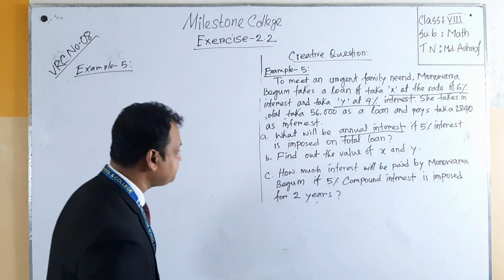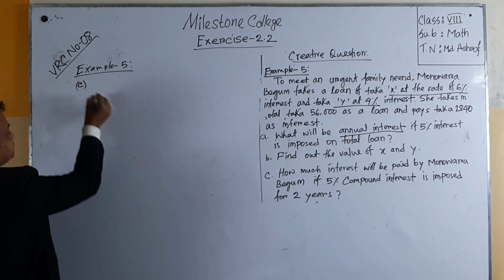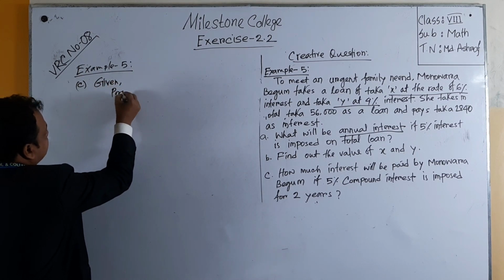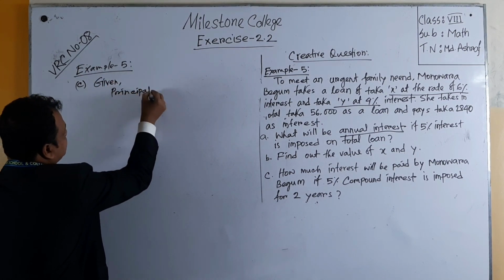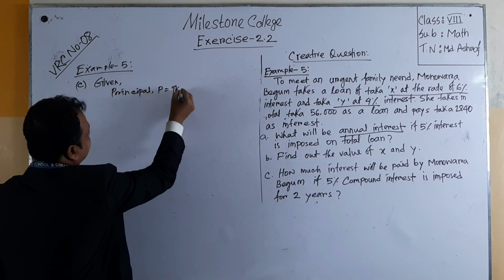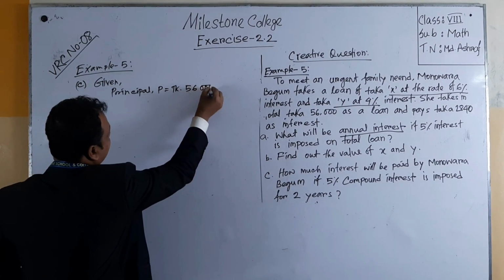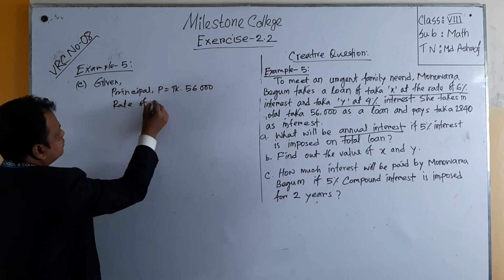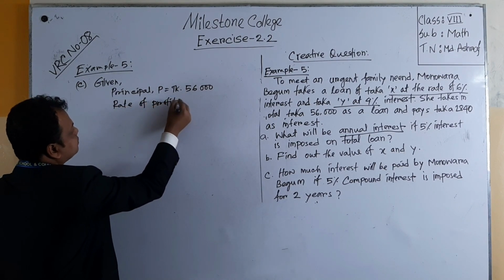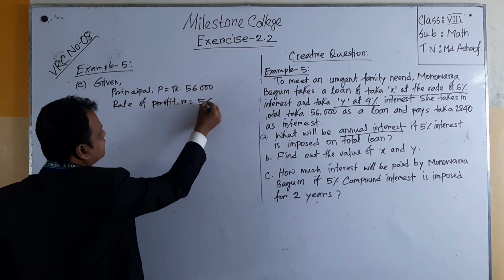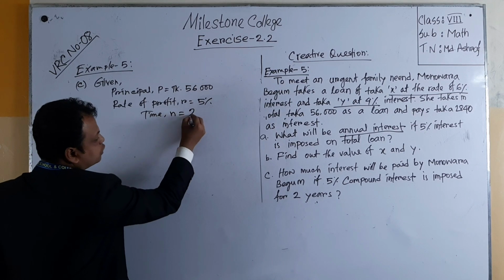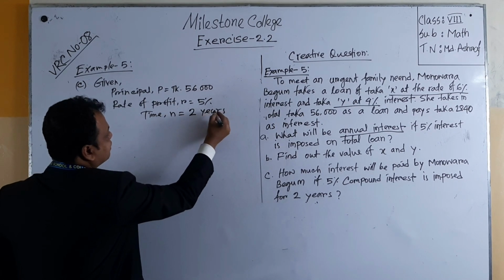Start writing C. Given: principal P equals taka 56,000, rate of profit R equals 5%, and time N equals 2 years. So these are the given information.